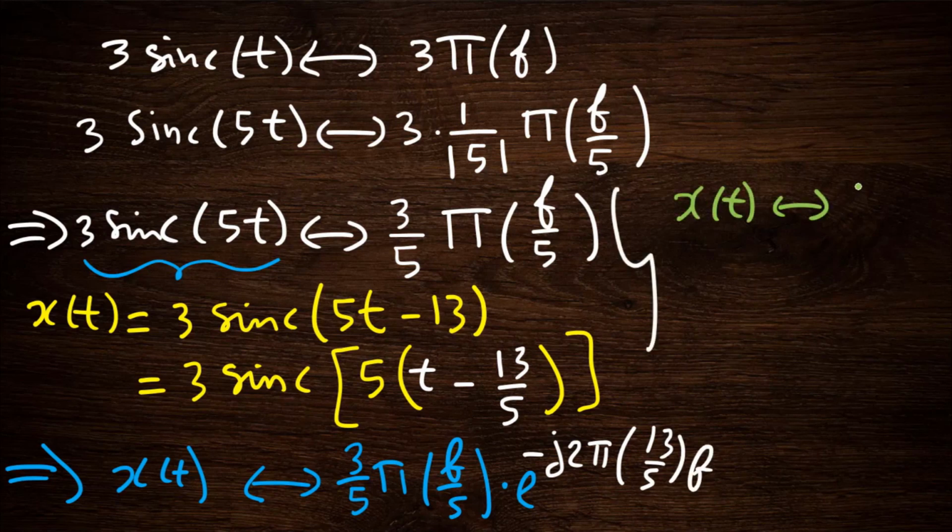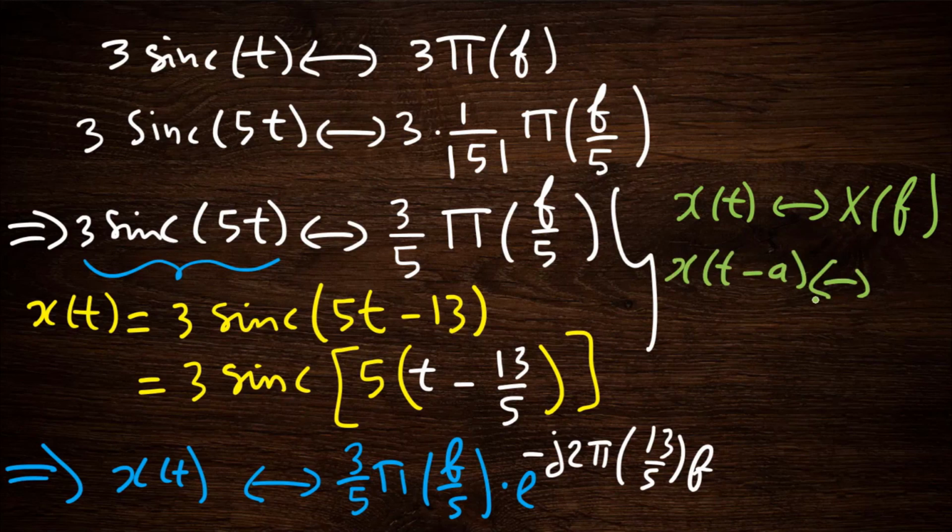If a signal x of t has a Fourier transform capital X of f, then the Fourier transform of x of t minus a is capital X of f times e to the minus j 2 pi a f.